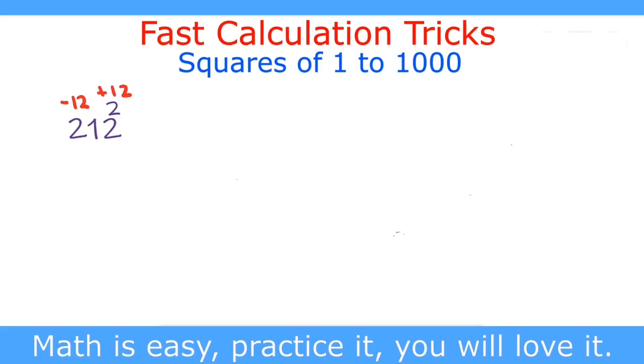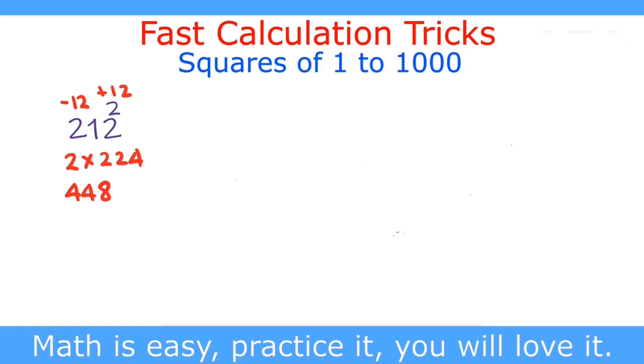Now subtracting 12 from 212, we get 200 and we write 2 here, not 200, and then we add 12 to 212, it becomes 224. Now we multiply 2 by 224, which is 448.